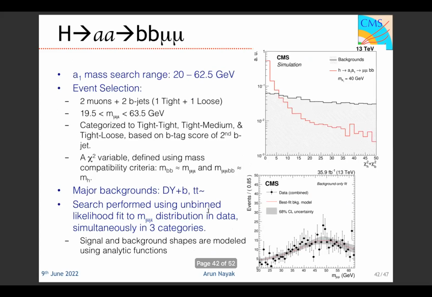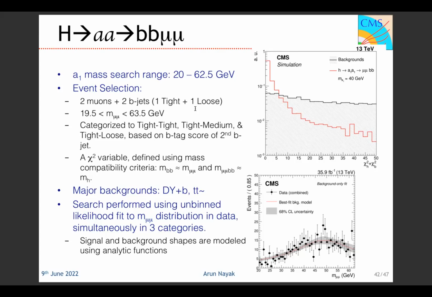As I said, the search range for the mass of the A considers 20 GeV to 62.5 GeV. It selects events with 2 muons and 2 BJets, 1 tight and 1 loose.